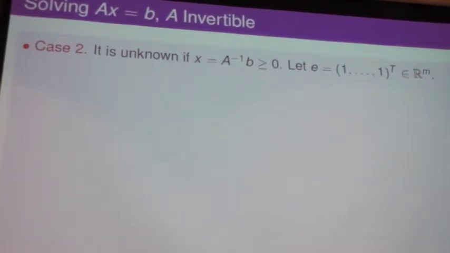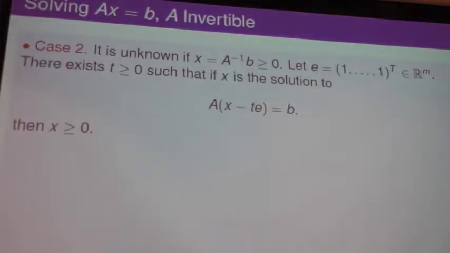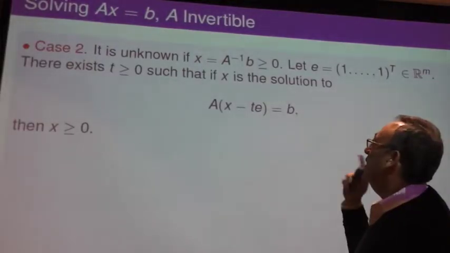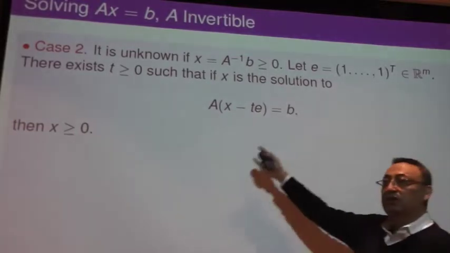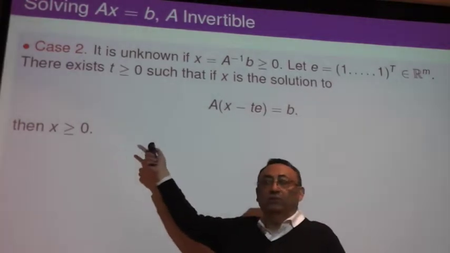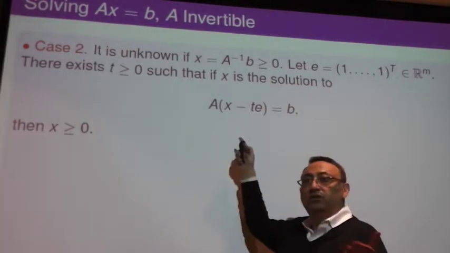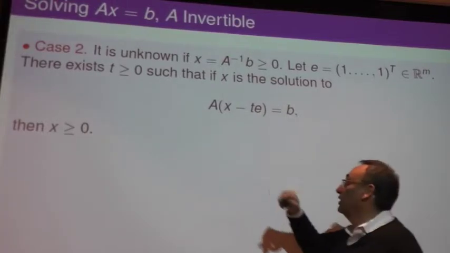And to do so, let e be the vector of 1s in R to the n. There exists a t bigger than or equal to 0 such that if x is the solution to this, then x is bigger than or equal to 0, right? This is obvious. I'm just shifting the solution here.